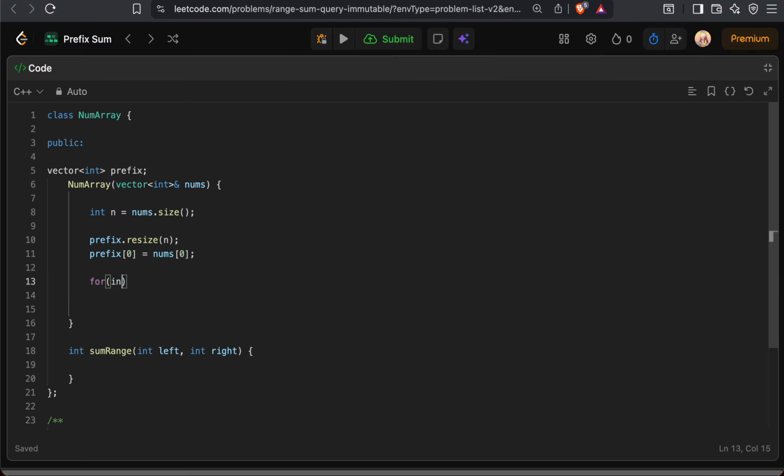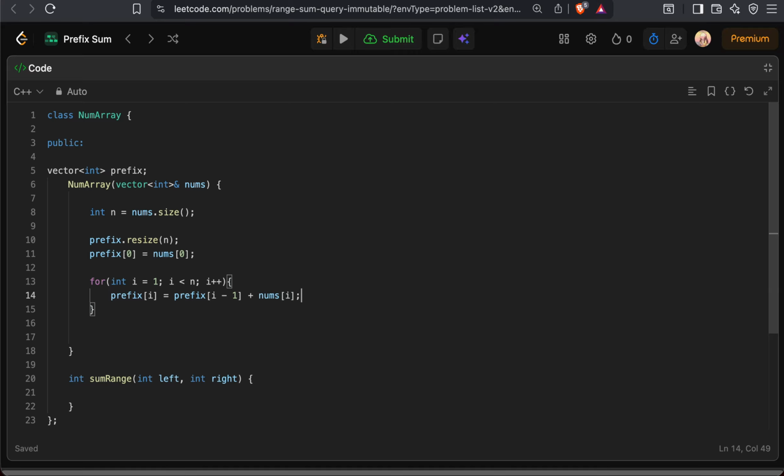For i is equal to 1, i is less than n, i plus plus: prefix of i is equal to prefix of i minus 1 plus nums of i.